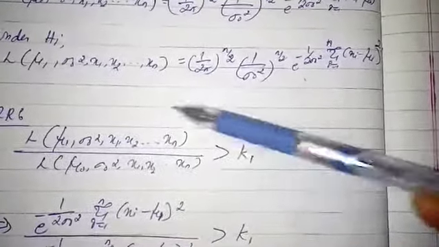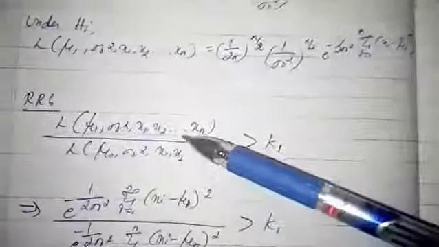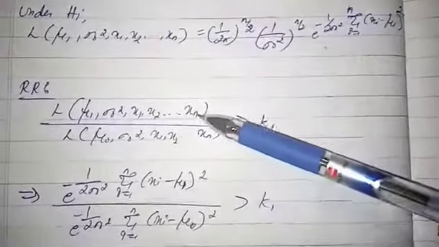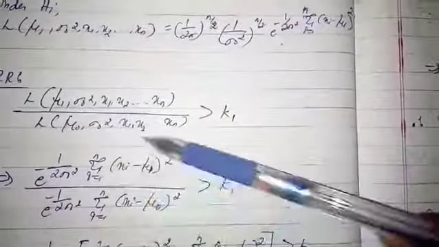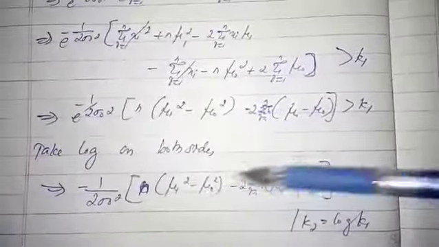That is the rejection region. Then we substitute the likelihood functions, and this term got cancelled, so I simply write the remaining terms here. Then simplify the terms like the similar problem, and take a log on both sides.